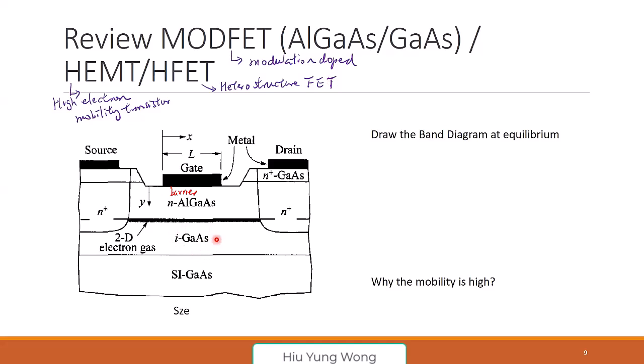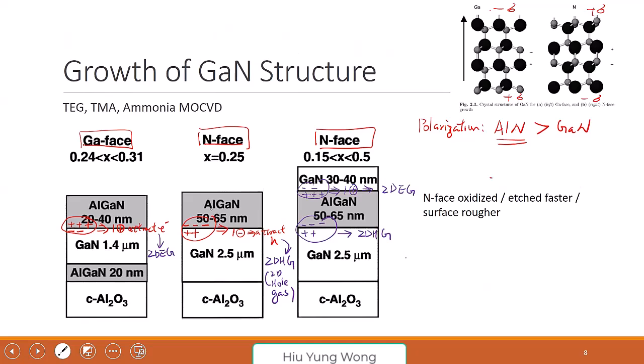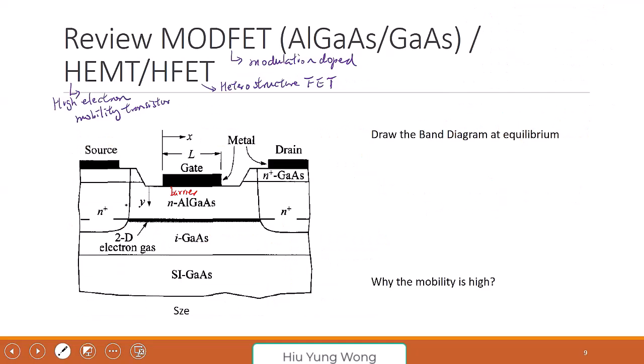Gallium arsenide here, and on top you add also a barrier called aluminum gallium arsenide. Very similar. The only difference is that this is nitrogen, this is arsenide. That is hexagonal, this is cubic, what we call zincblende structure.